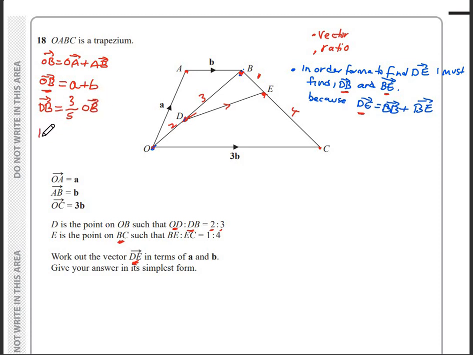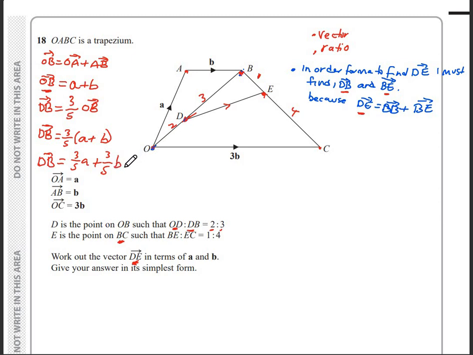Which means that DB equals 3/5 of A plus B, which means that DB equals 3/5A plus 3/5B.